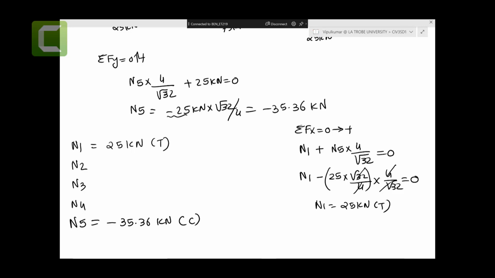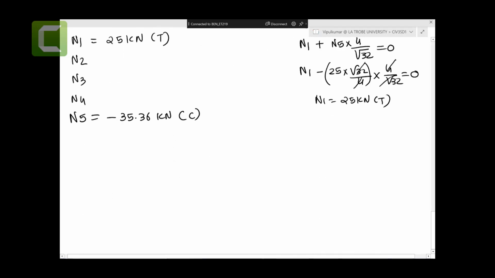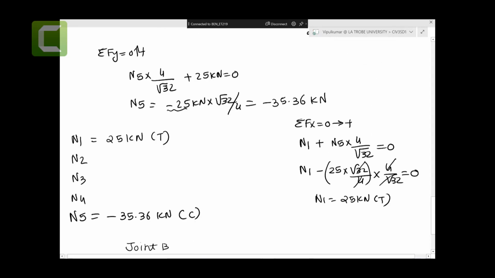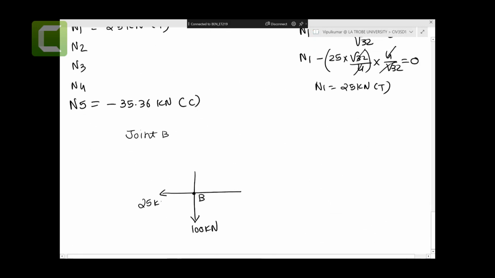All right. We continue the journey. Okay. Joint B looks simple. Joint B, 100 kilonewton coming down. This one is N1, and N1 is 25 kilonewtons we got. By the way, this is N1.